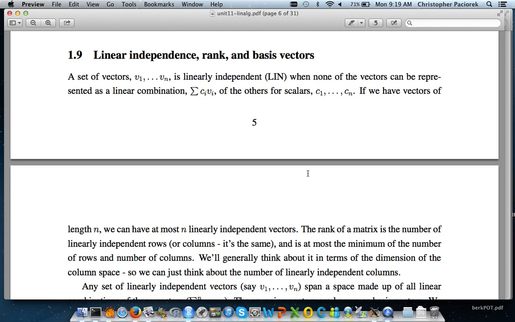I can create any vector x as a linear combination of these basis vectors. But there's nothing magical about orienting them in this direction. I could have rotated them, and I could equivalently span this 2-dimensional space with, say, this set of orthogonal unit vectors. So those could also be the basis vectors for the space.